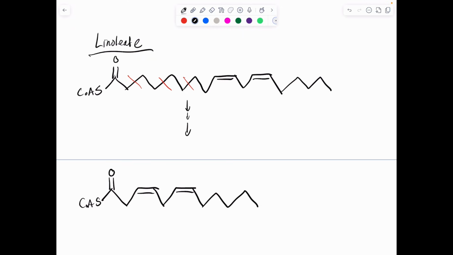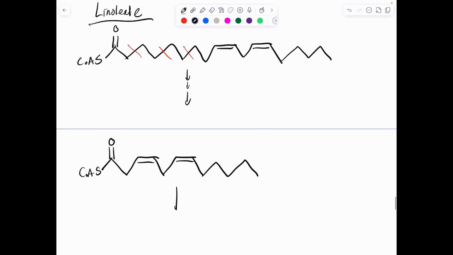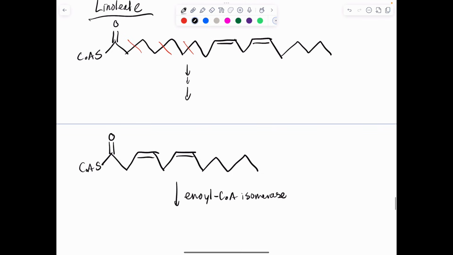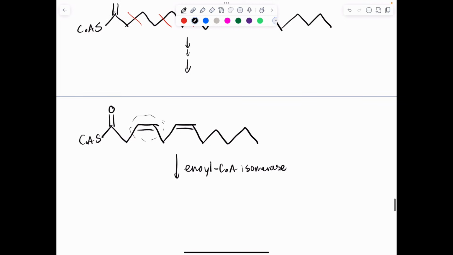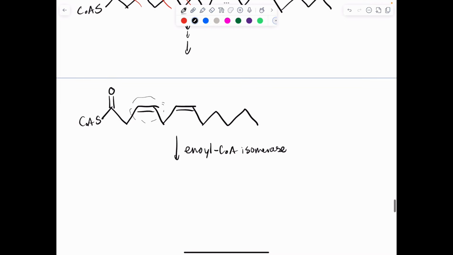So it has to go through a couple of steps. The first one is this enzyme called acyl-CoA isomerase. This acyl-CoA isomerase will isomerize the first cis double bond into a trans double bond. And so from here, we're going to look like this.